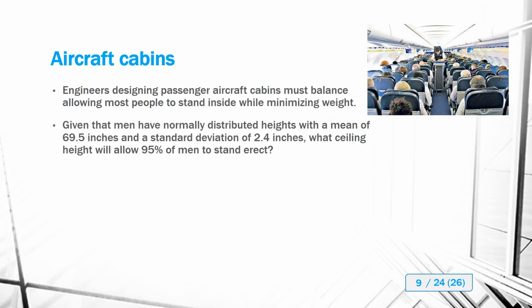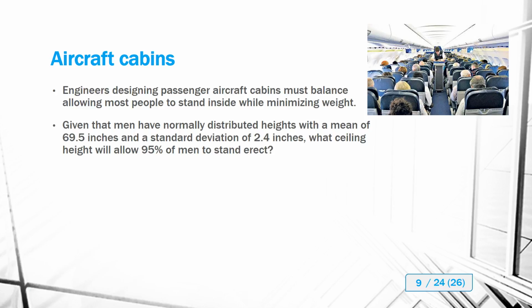Let's look at another practical example of converting between non-standard and standard normal deviations. So engineers that work in the aircraft industry have a very daunting design challenge. They have to balance design parameters for functionality with minimizing weight.